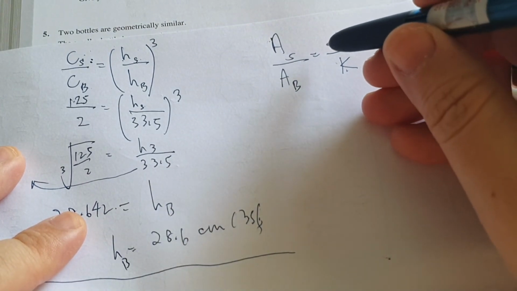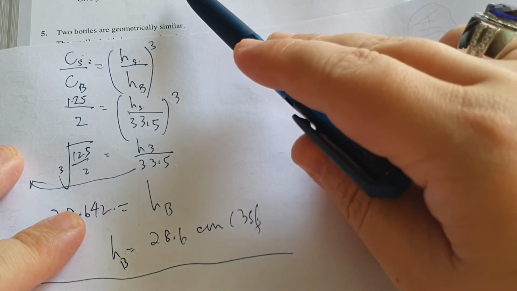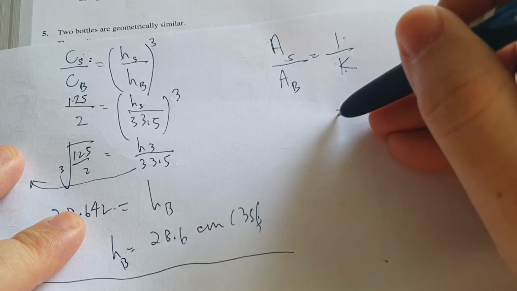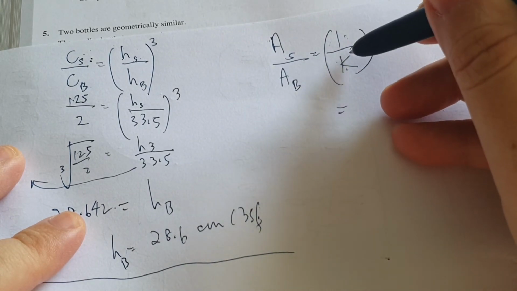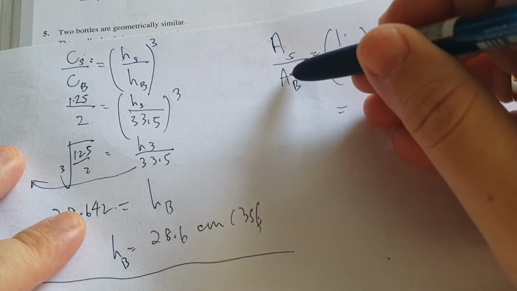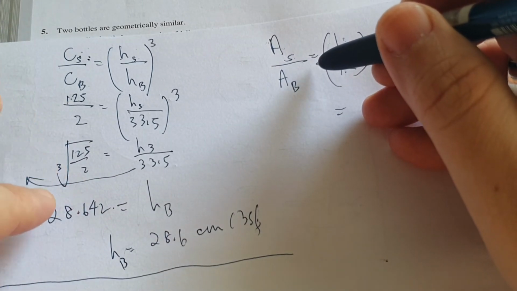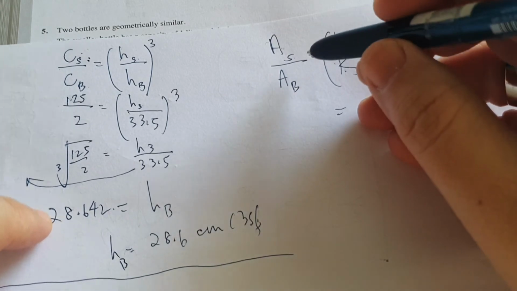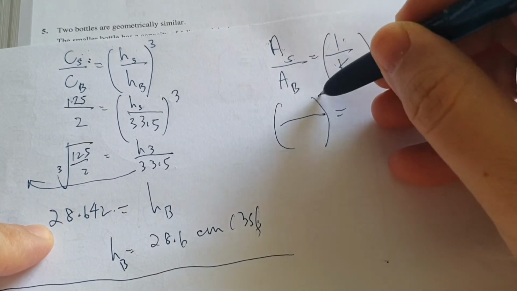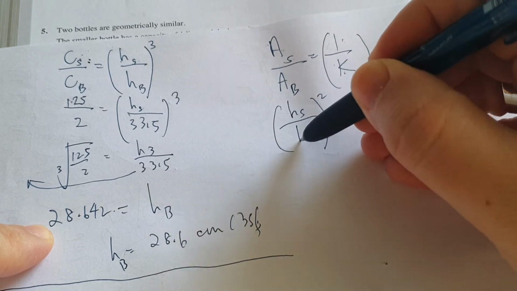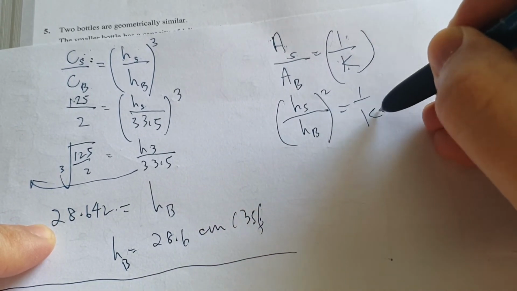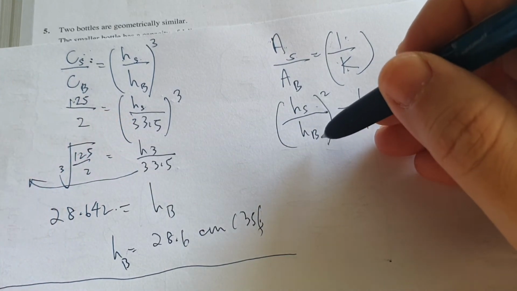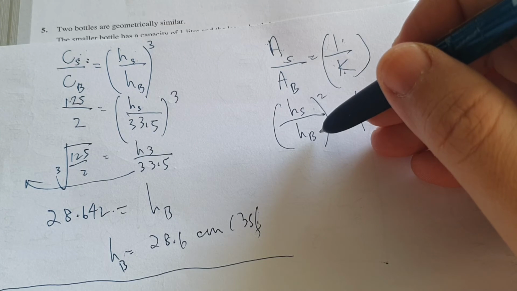So what is this? We don't care about this first, because we know that this AS over AB is actually this value here, squared. It's actually HS over HB squared.